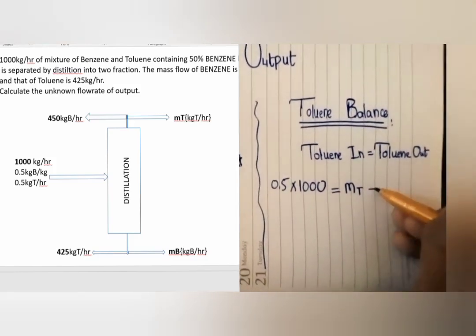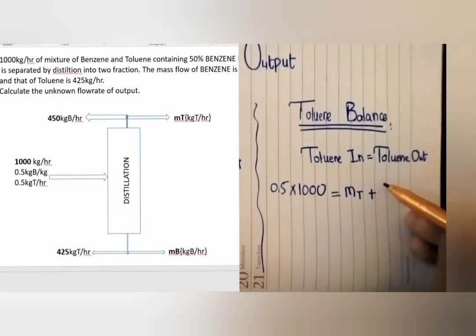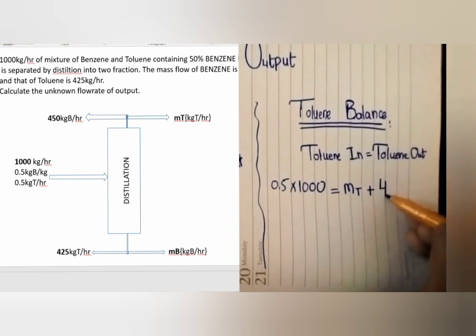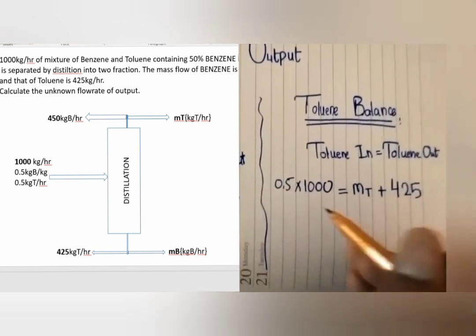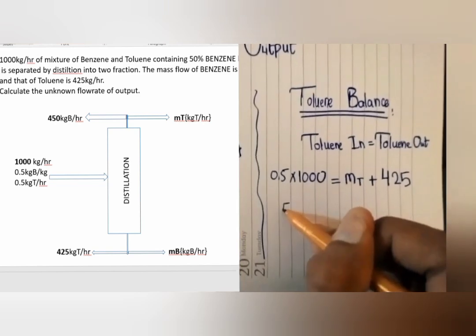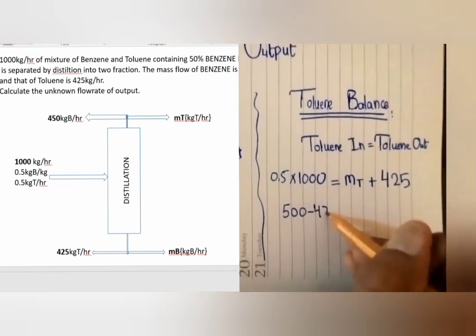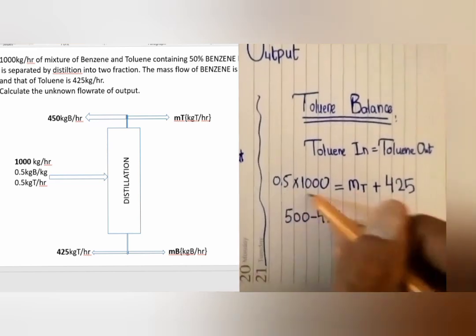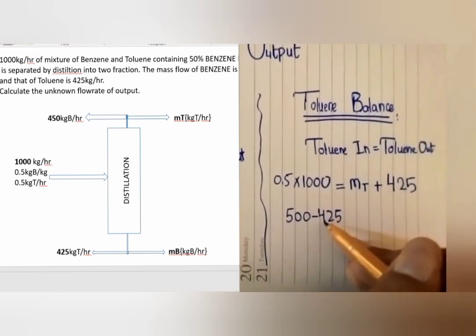The top one is unknown, written as MT, plus the 4 to 5 which was given in the problem statement and also in the diagram's bottom section. So 0.5 into 1000 plus 4 to 5 becomes minus 4 to 5 on the left hand side.